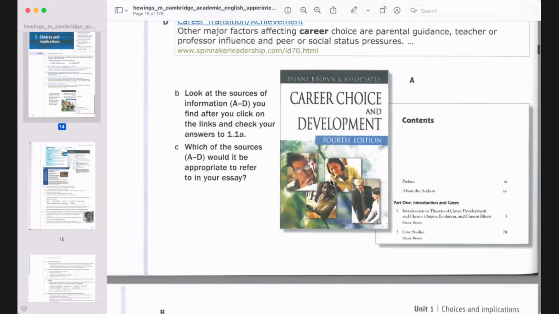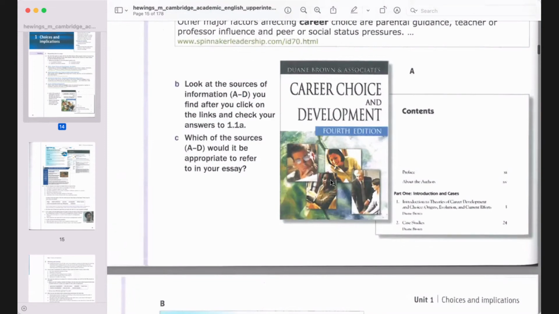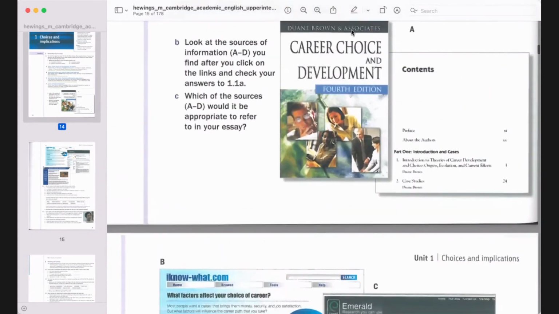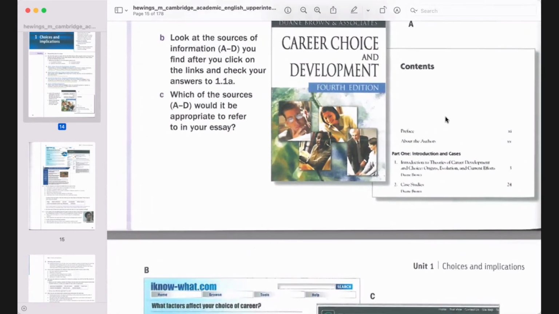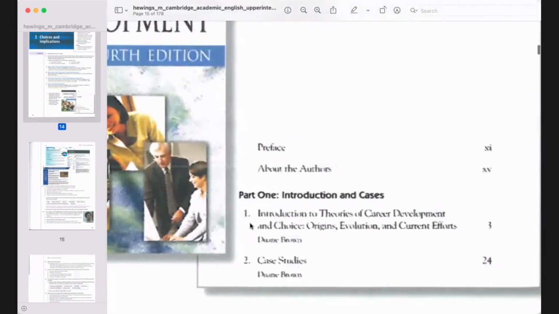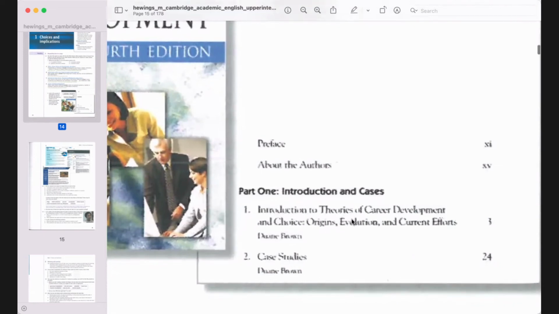Which of these sources would be appropriate to refer to in your essay? We have already discussed a bit, but here are the examples. Career choice and development. So it's a book, a textbook, right? And here you can see the content maybe: introduction to theories of career development and choice, case studies, and so on and so forth.